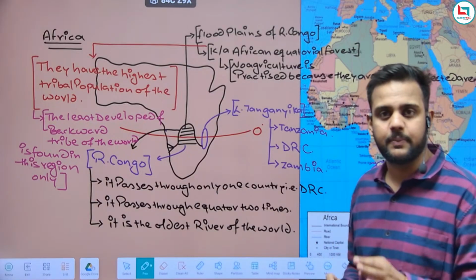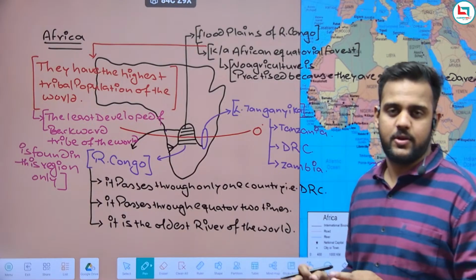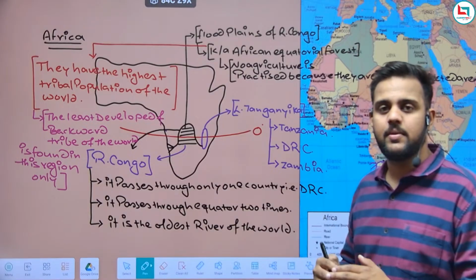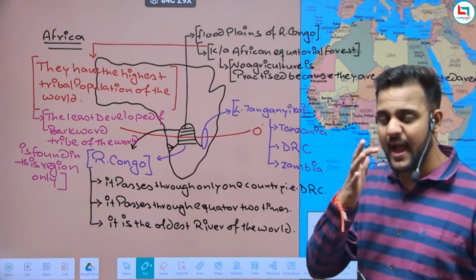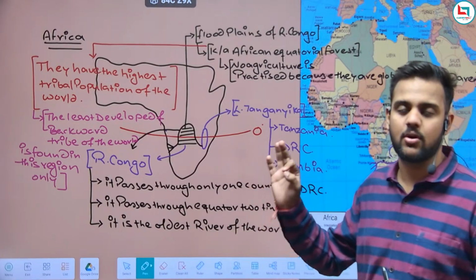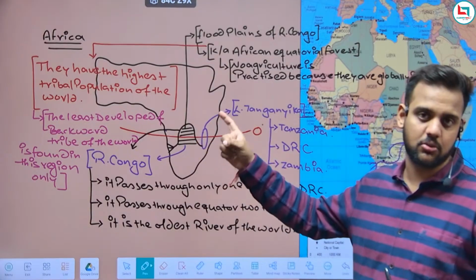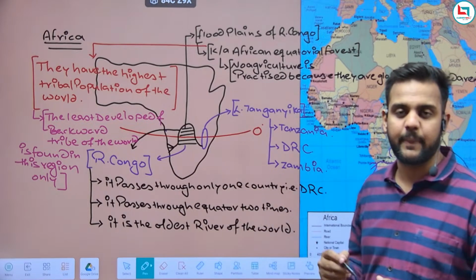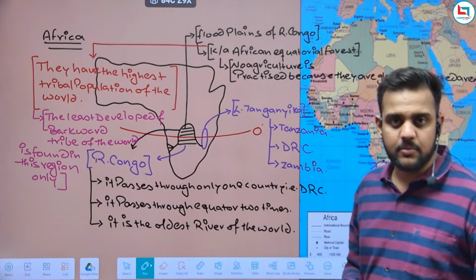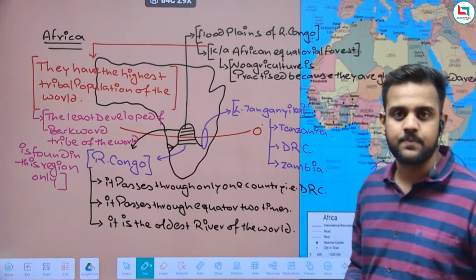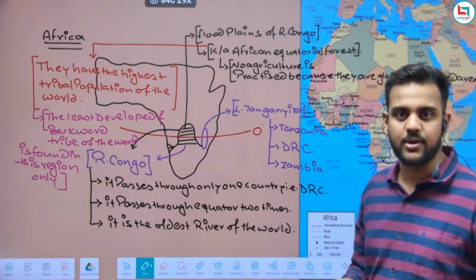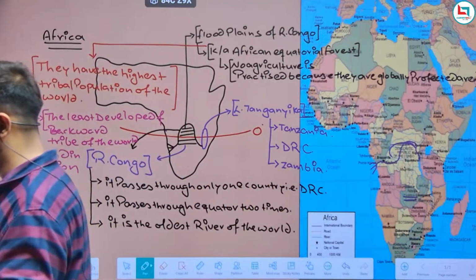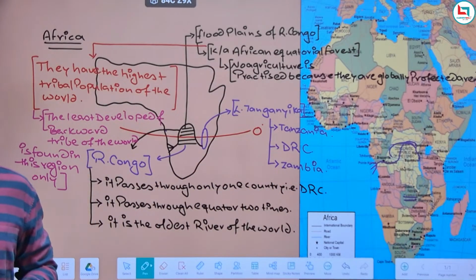This area is densely tribal populated. The most backward and least developed tribes of the world are present in this region only. The two prominent tribes are the Pygmies and the Ubatus. Pygmies are the transition between apes and humans, and they are tree dwelling creatures. Remember these points. These are really important from the exam point of view.